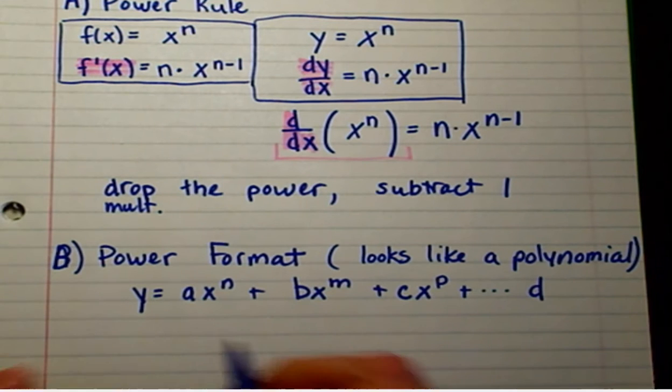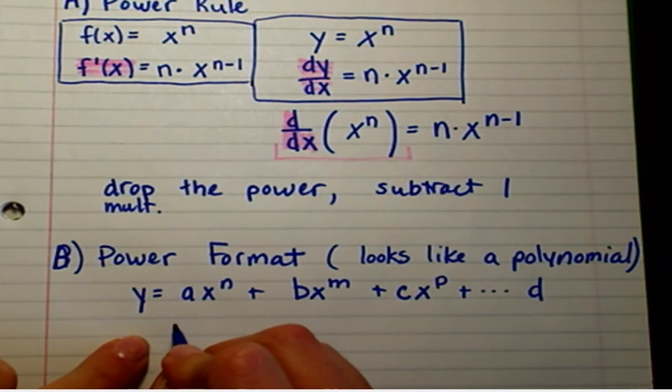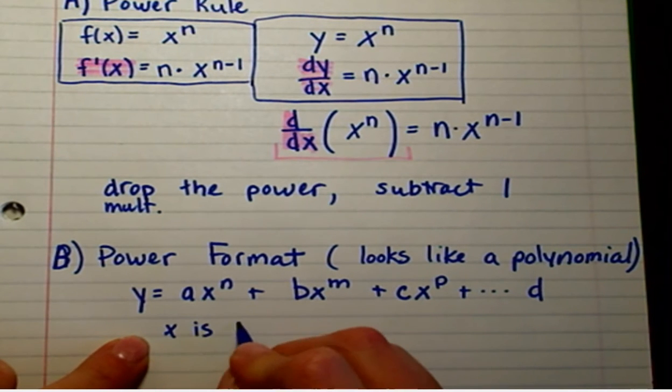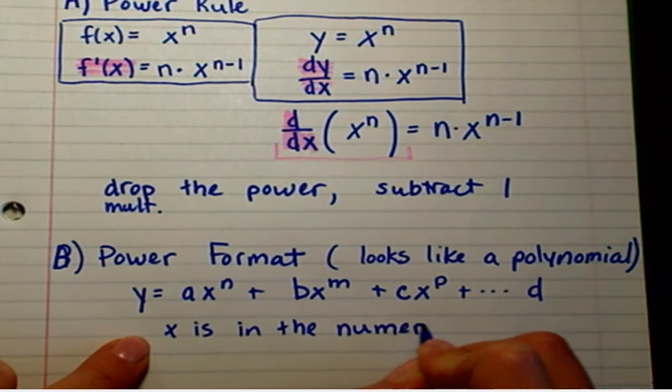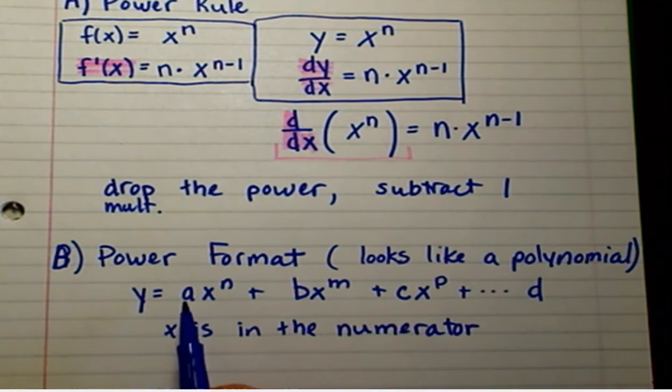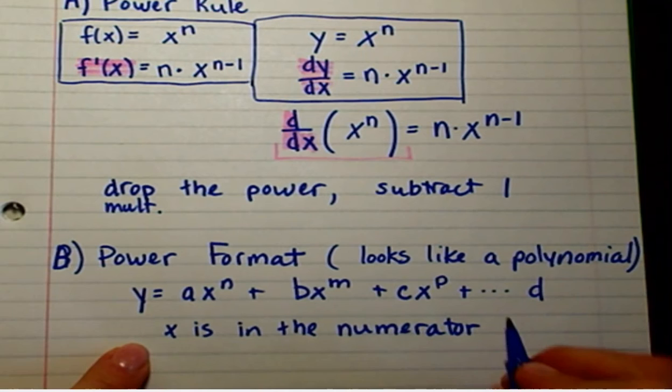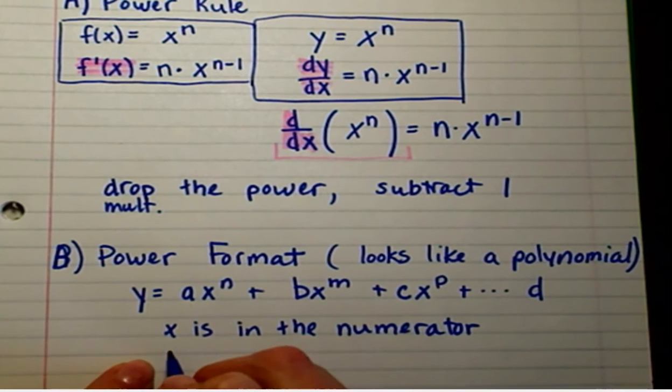Now let's be specific. X is in the numerator. Notice how none of the x's in a polynomial are in the denominator. That's important, okay? So x is in the numerator, okay?